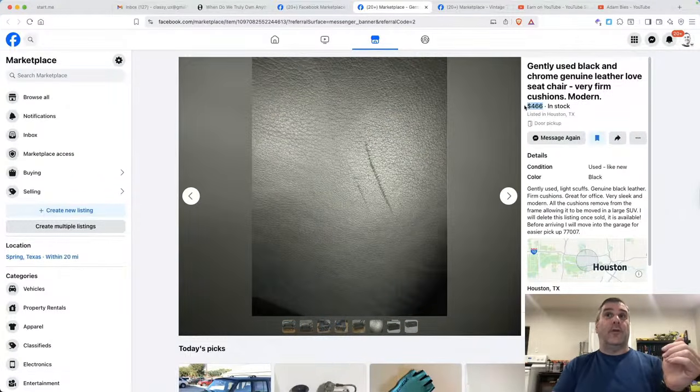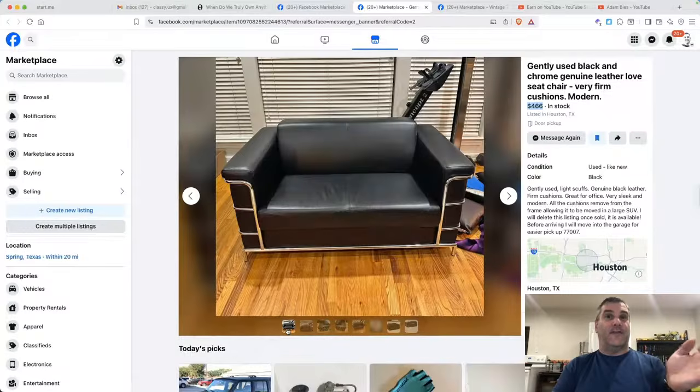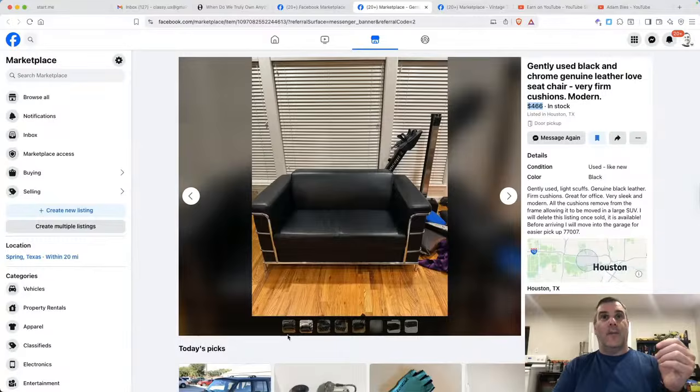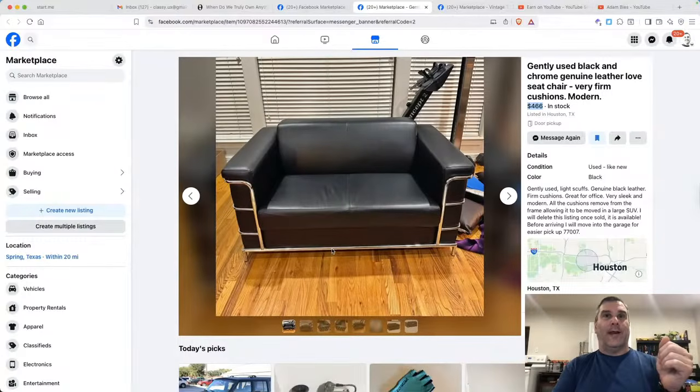But the guy wants $460, and he says somebody's coming to look at it this weekend, so that's probably gone. This thing would have been like $2,000 to $4,000 new. Either way, that's out of my budget, the 460. But that would actually fit in the space that I'm trying to fit it in. But I'm not going to spend that much on a couch. But it was fun to look at.